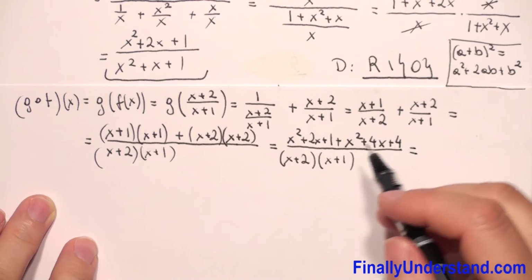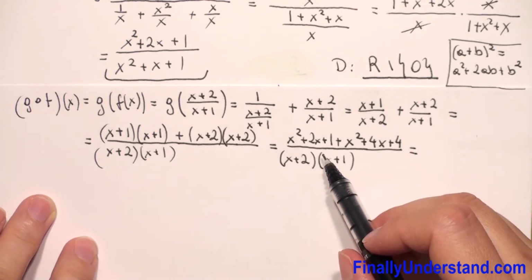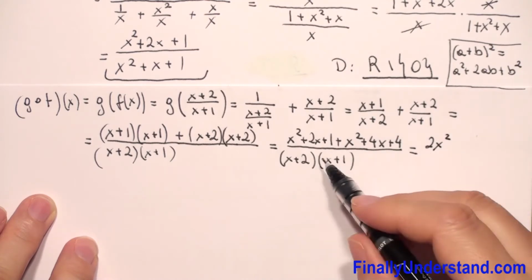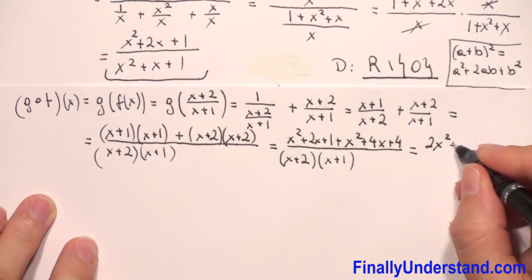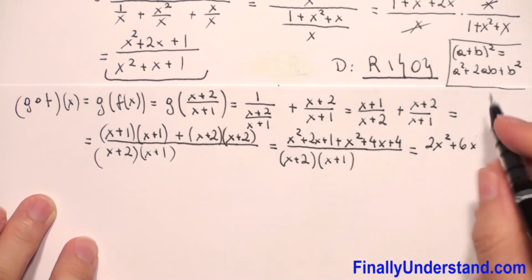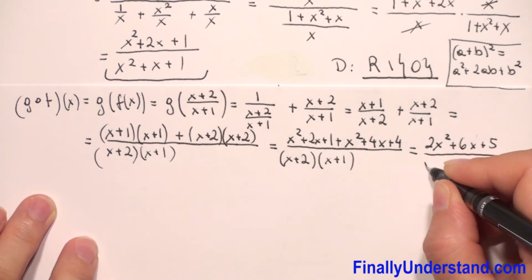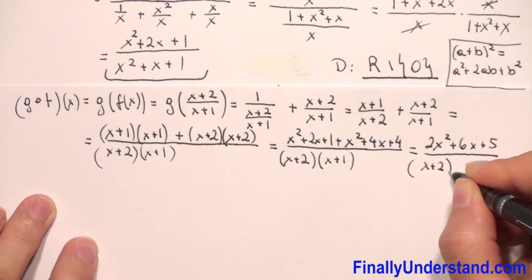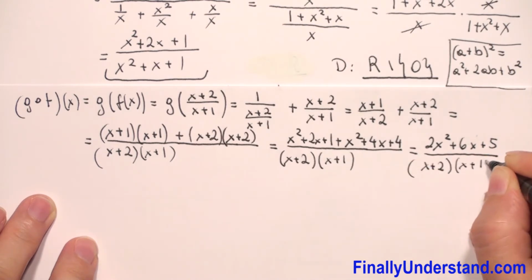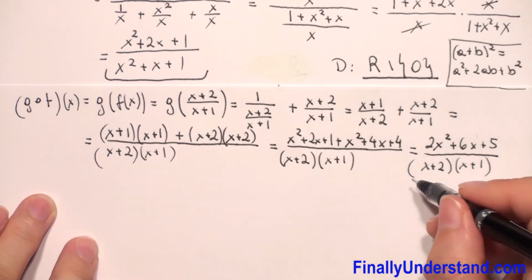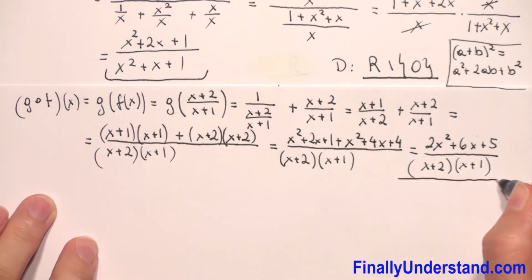This is equal, and we can now combine like terms. So we will have 2x square, 2x plus 4x is 6x, 1 plus 4 is 5, over x plus 2 times x plus 1. We have our g of f composition, and now we have to find the domain.